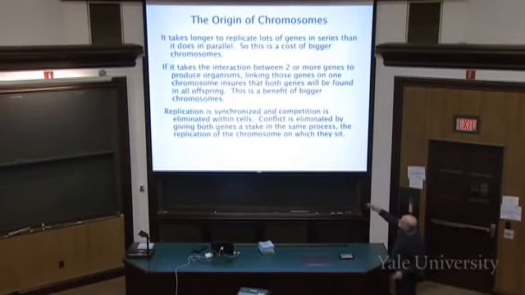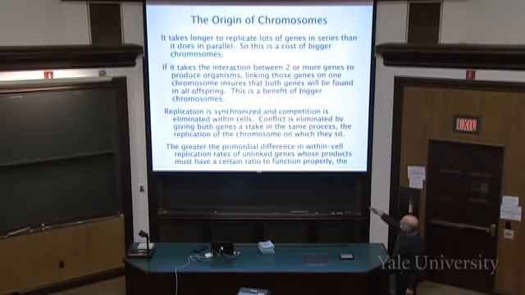So you've given them a stake in the same process, and that process is the replication of the chromosome on which they are sitting. So particularly for the genes that were involved in replication, if they needed to cooperate to replicate, this would be an important consideration.